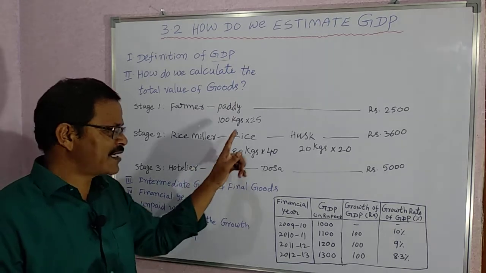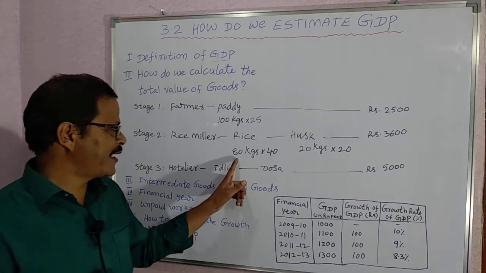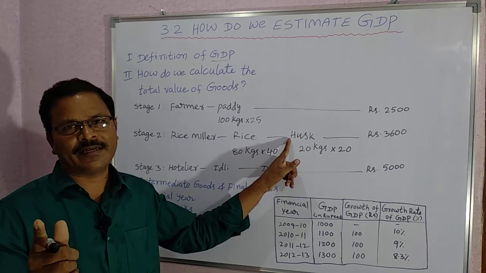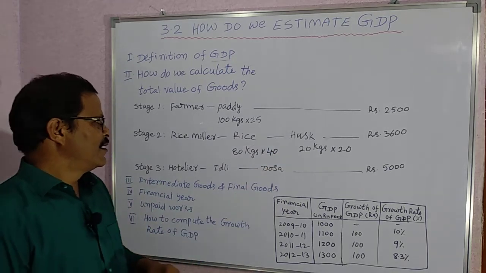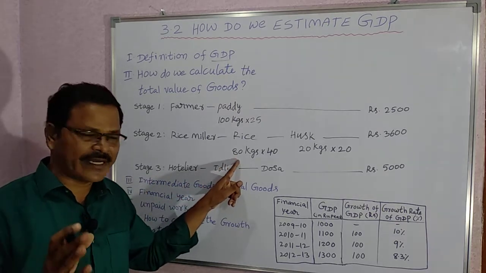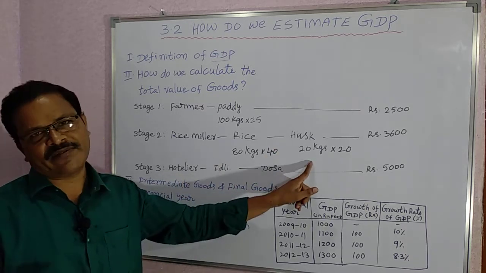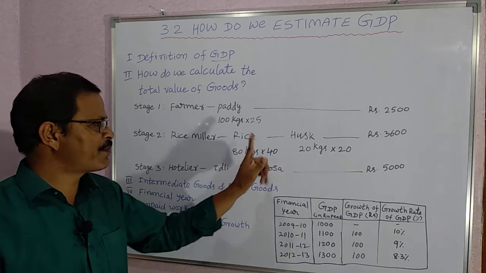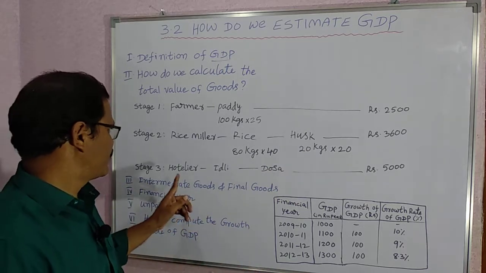He produces 80 kgs of rice and 20 kgs of husk from the paddy bought from the farmer. Later, he sells both products to a hotelier.